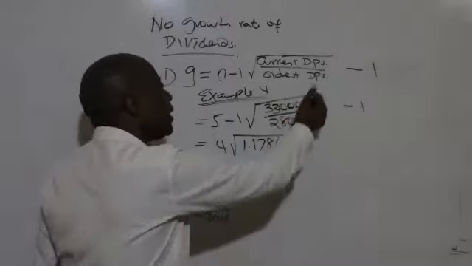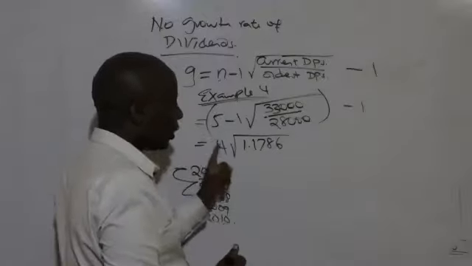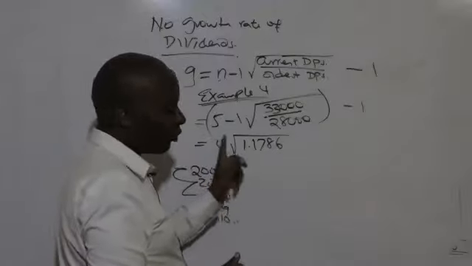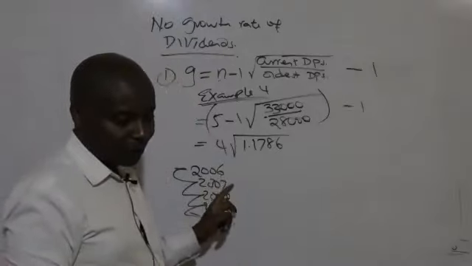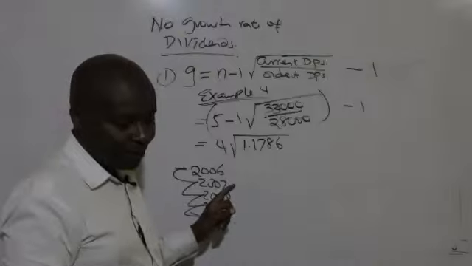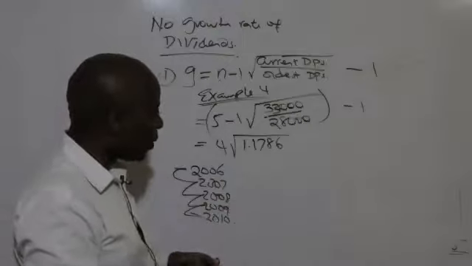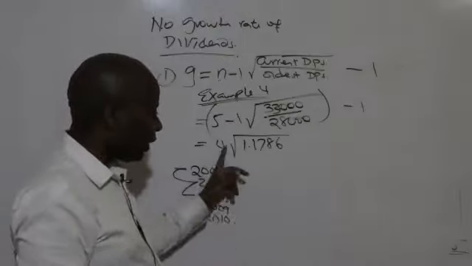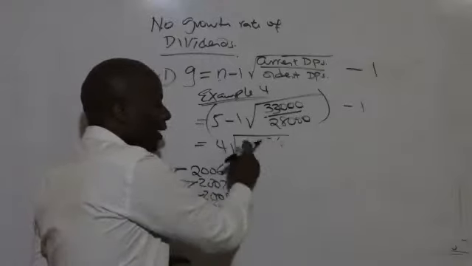And then now listen to me very well. So first of all, take the fourth root of this figure. Before the percentage, what is inside should be 1.1786.